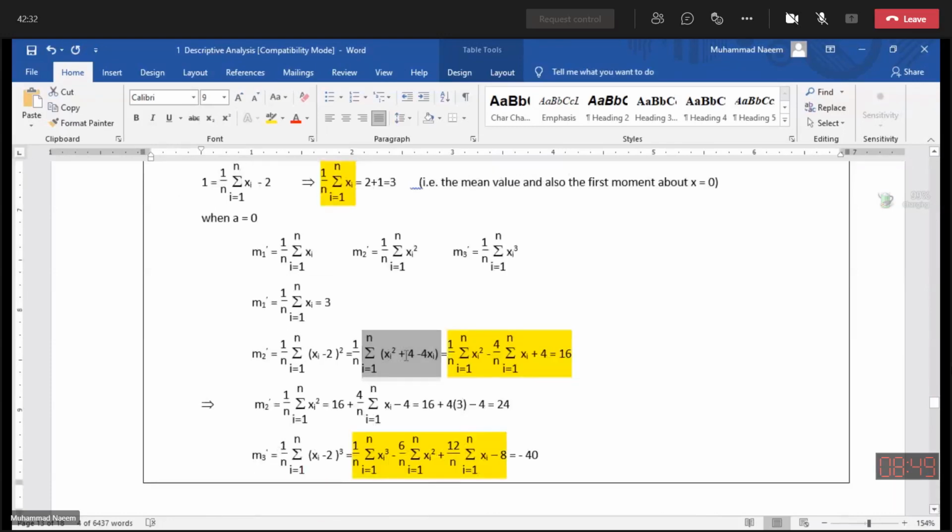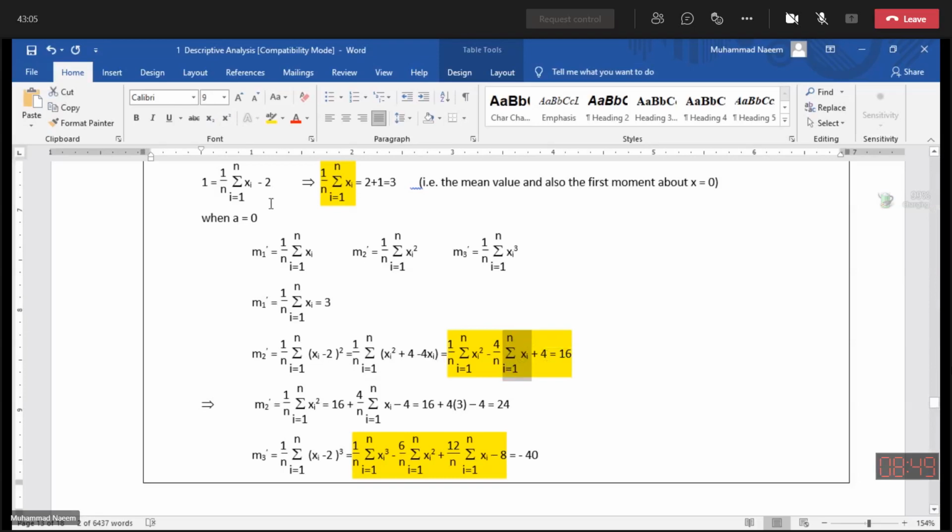Expanding the square, we have these three terms. Constant term remains the same, because when sigma is applied to a constant, it becomes n times, but at the same time we are dividing by n, so n is cancelled with n. Only we have the constant.